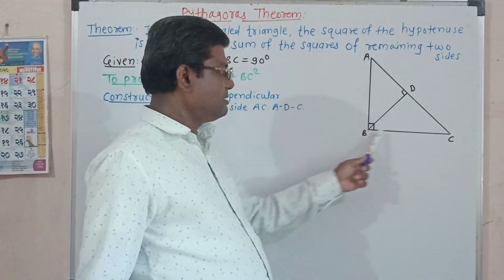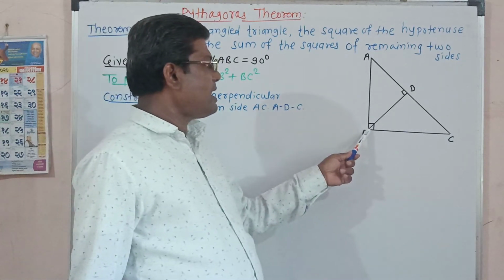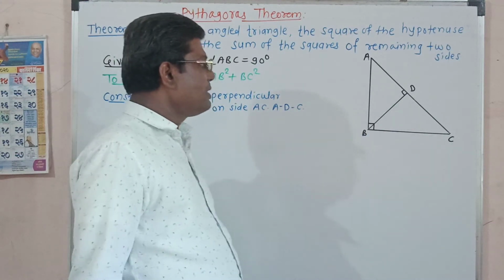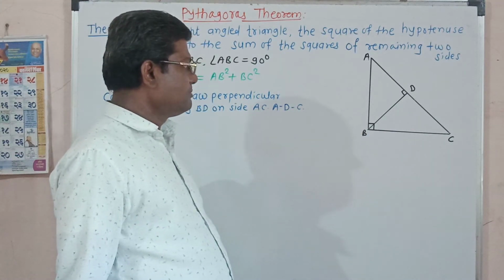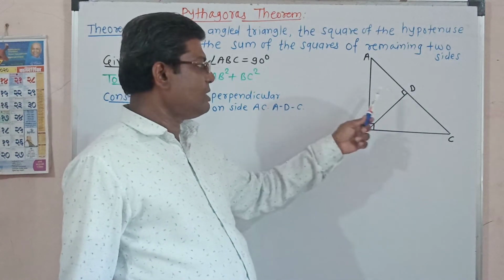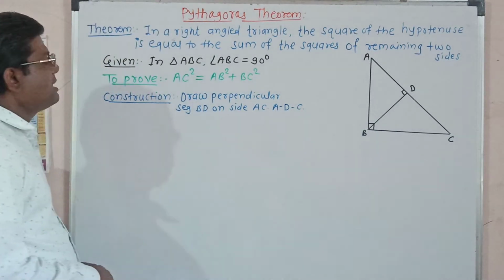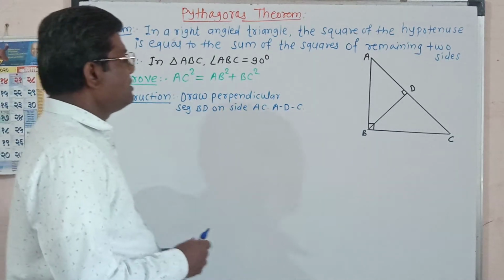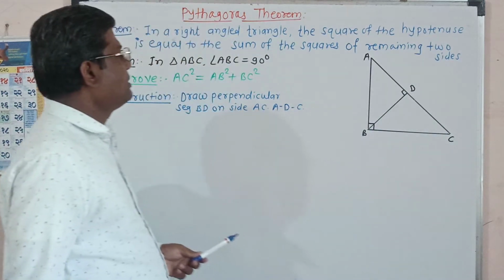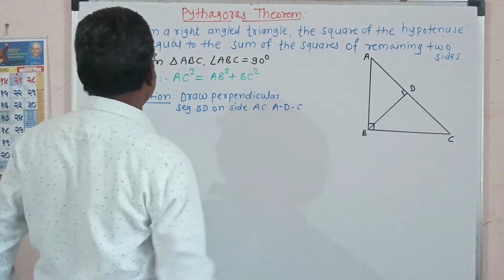This is a right angled triangle ABC and segment BD is perpendicular to hypotenuse AC. Then we have to prove that AC square is equal to AB square plus BC square. And here is the construction. Draw BD perpendicular to side AC, A-D-C.